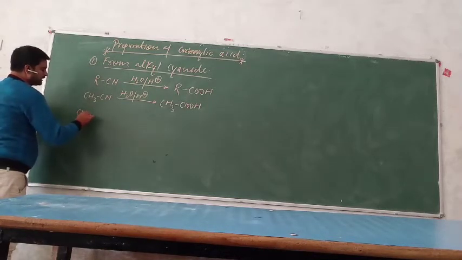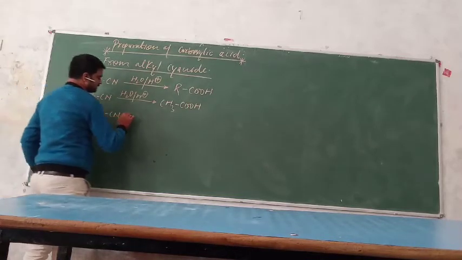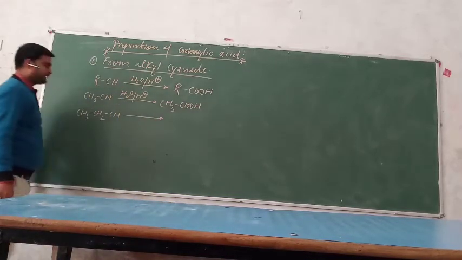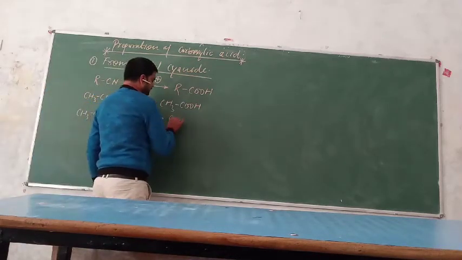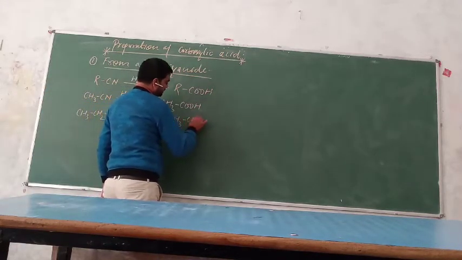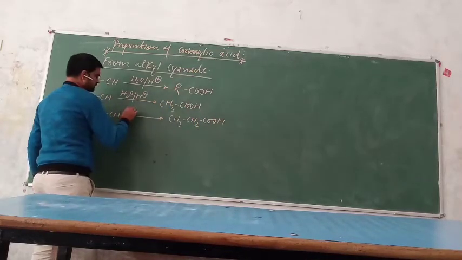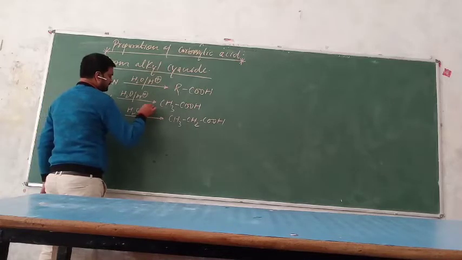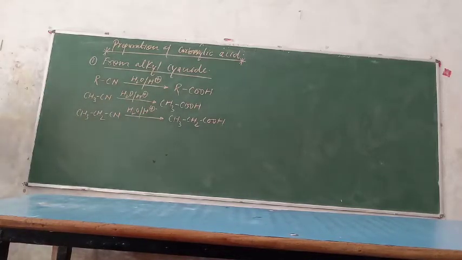Similarly, when we put here ethyl, then this is propane nitrile or ethyl cyanide, and it will give propanoic acid like this. So the first method for the preparation of the carboxylic acid is by the hydrolysis of the alkyl cyanide.